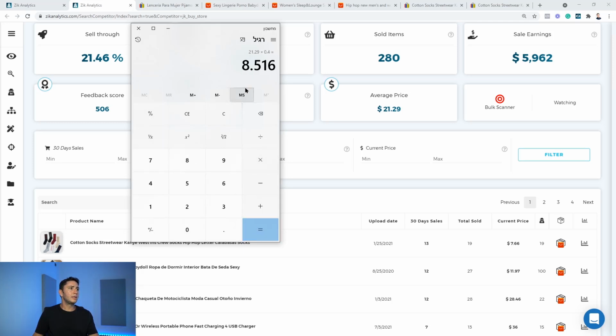So we're talking about an average profit of $8.50 per sale. Okay, $8.50 per sale times 280. And we get the same amount, right?